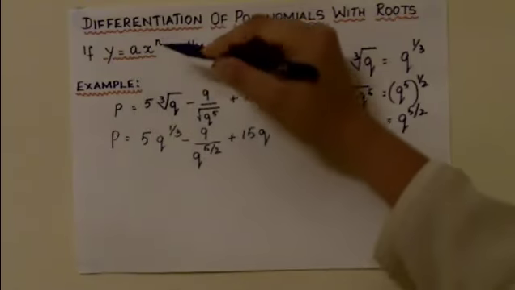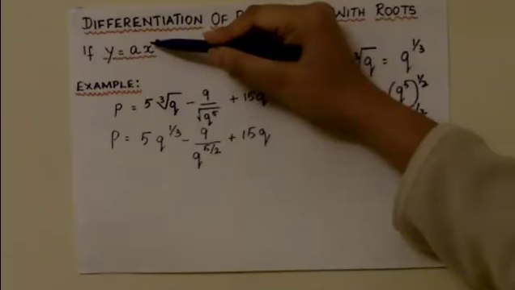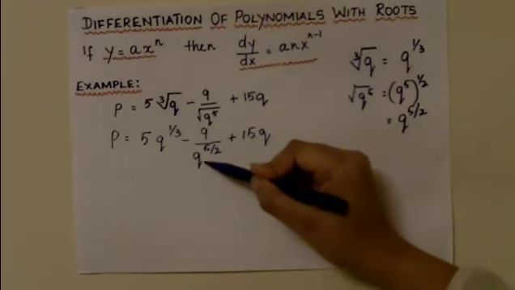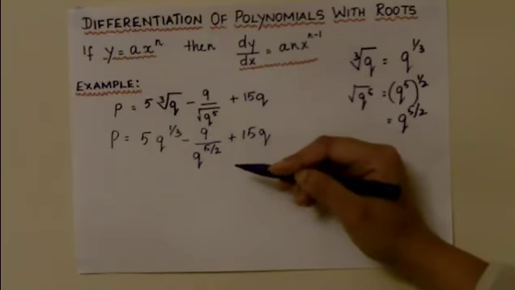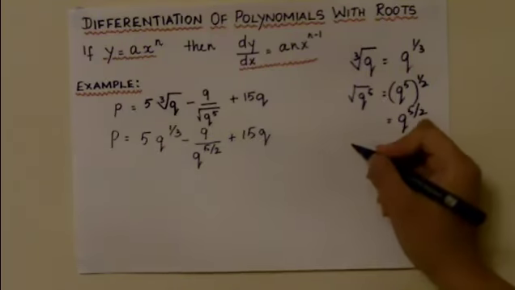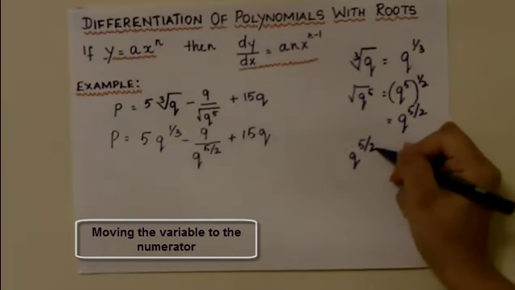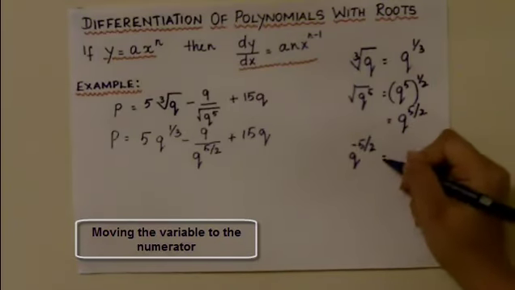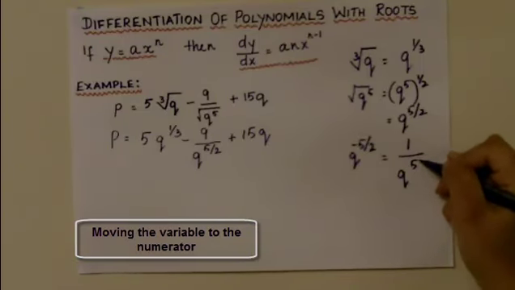Now we can see that the formula supports the variable in the numerator. So this variable which is in the denominator has to be moved to the numerator. We already know that q to the power of minus 5 over 2 is equal to 1 over q to the power of 5 over 2.